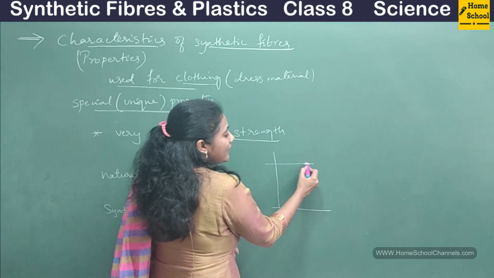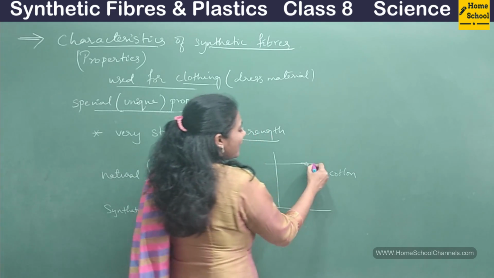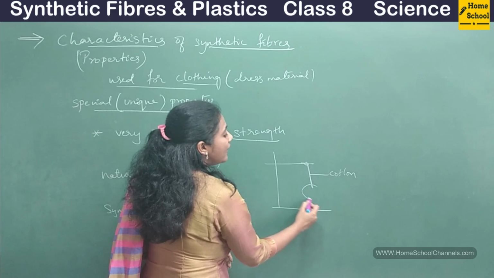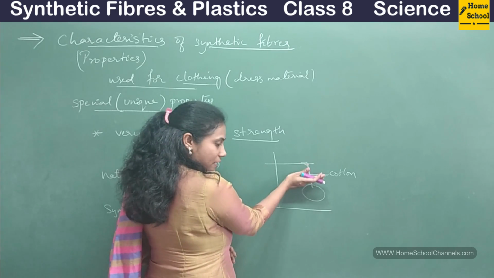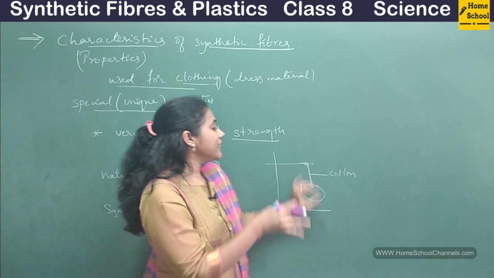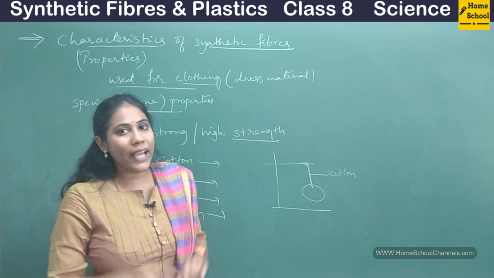Imagine initially this is a cotton thread. I'm tying it to a rod or stand, and here I will place some weights. We will check which thread can tolerate more weight.